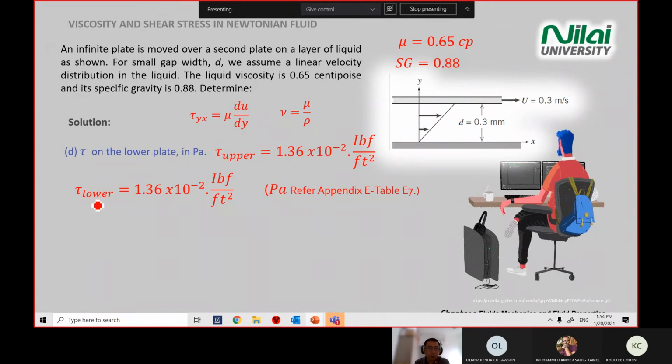So the magnitude of shear on the lower plate will be the same, because what moves here, it will move here. I'm drawing the arrow here. So if the first plate moves here, there's a counterbalance action that happens.